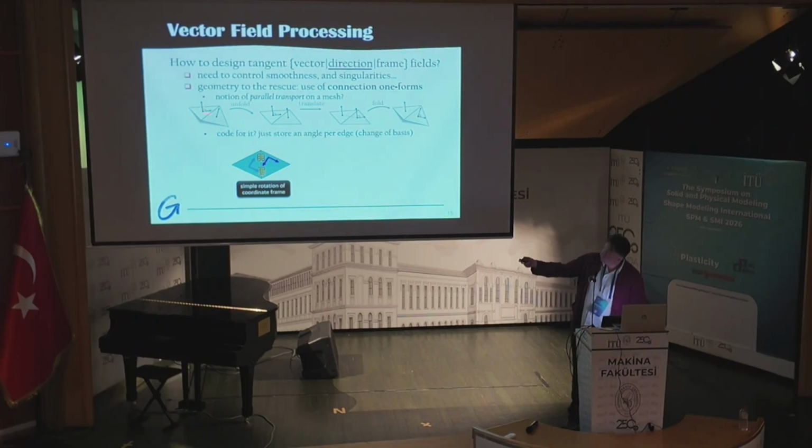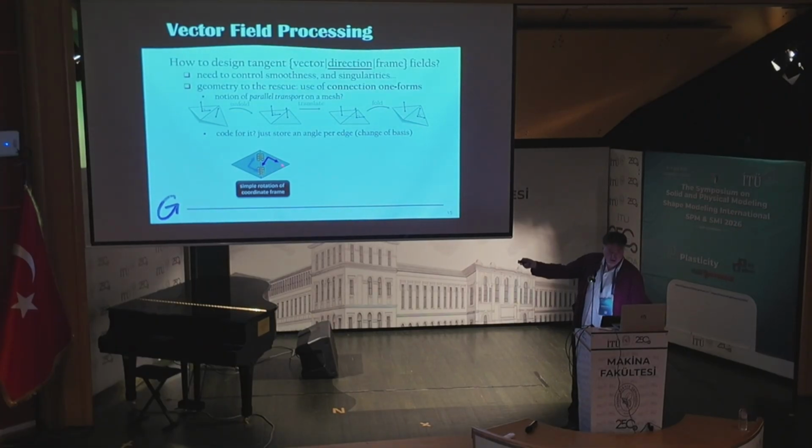Because now, if you know the U and V coordinates of this vector in this frame, you will know exactly the U and V coordinates of the parallel transported vector in that frame by just hitting the UV coordinates with the rotation by the small angle alpha. That's it. So this gives you a concrete numerical way to perform this conceptual parallel transport.